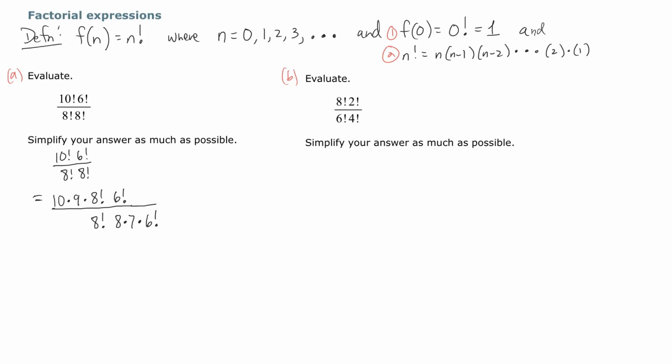And let's reduce. And what do we reduce here? The 6 factorial over 6 factorial is 1. And then the what? The 8 factorial reduces to 1. So now we have 90 over 56, which isn't a big deal.